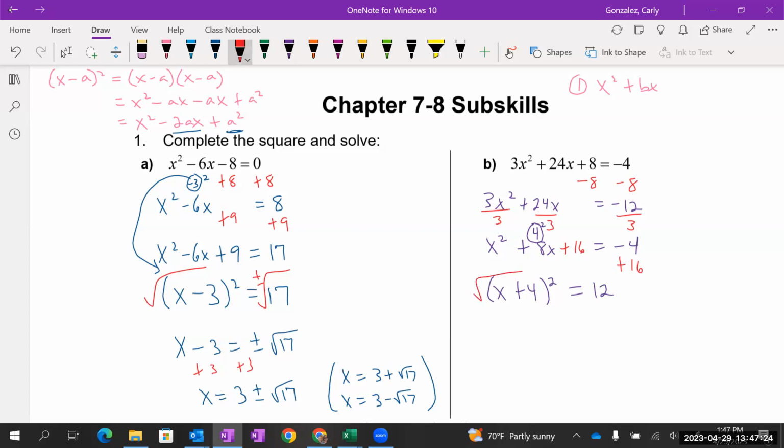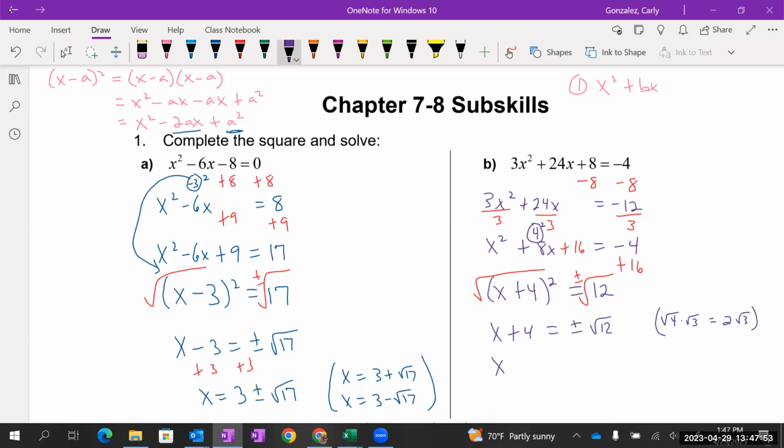Now we're ready to use that square root property. And we get x plus 4 equals plus or minus rad 12. We can simplify rad 12 because rad 12 can be written as rad 4 times rad 3, or 2 rad 3, because the square root of 4 is just the whole number 2.